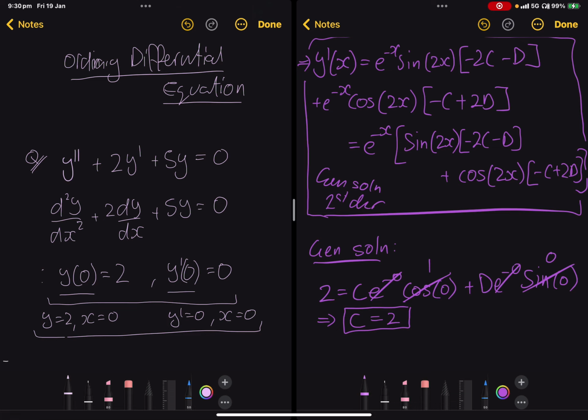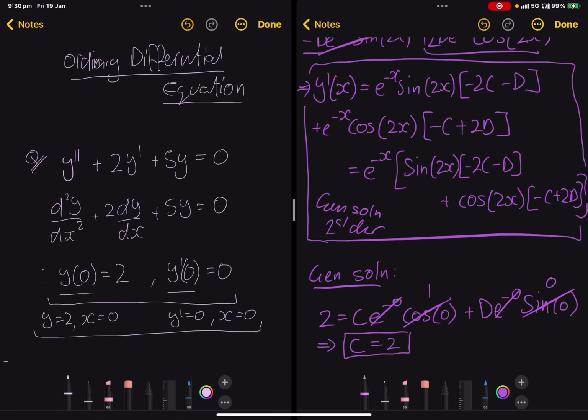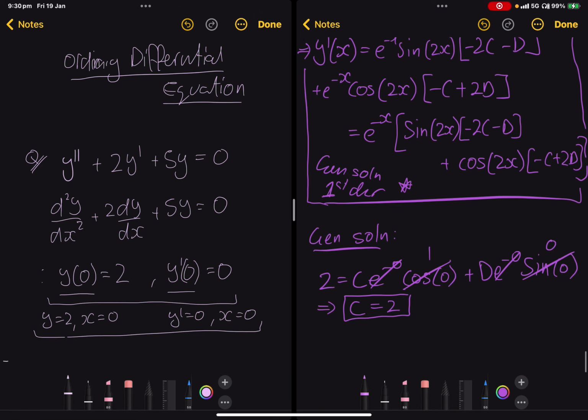So we used our general solution, plugged in the information we were given. This gave us the c. Now the harder work begins. Now we have to do it for this first derivative. So we've got to plug in y prime equals 0, x equals 0.